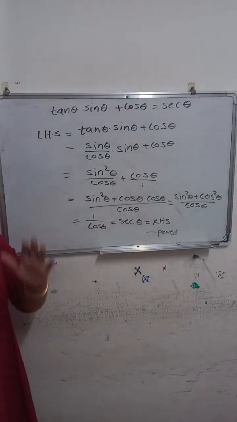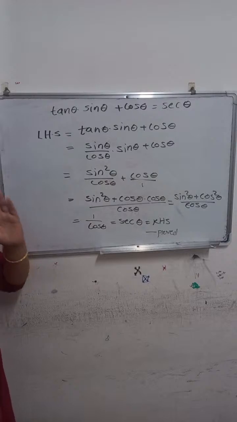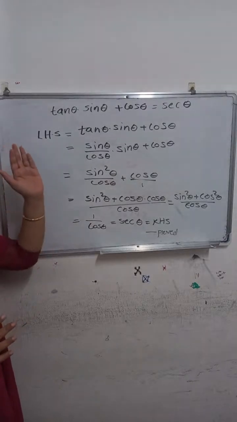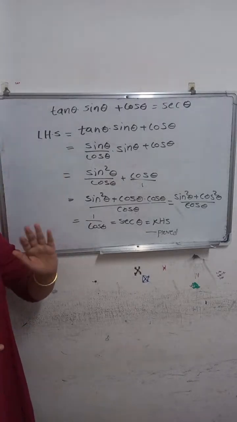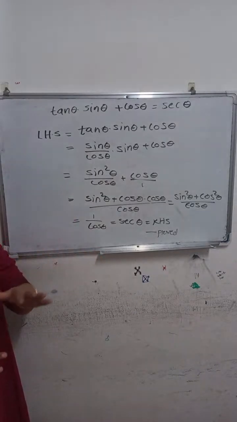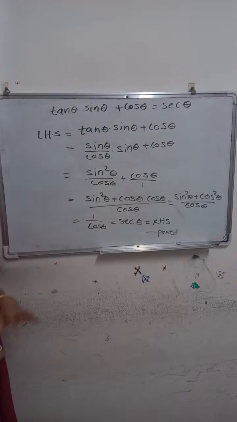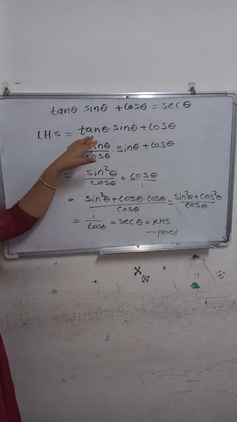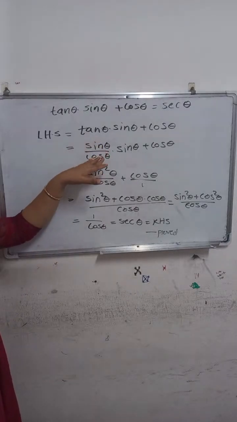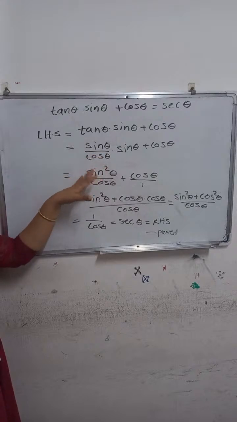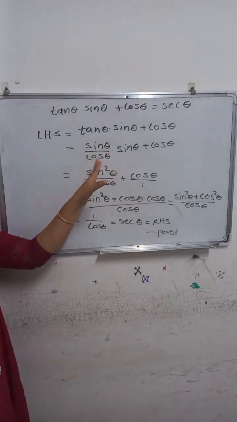If you keep your mind stable and think properly, if you know the identity and how to apply it, then you can solve this kind of question very easily. Understood everyone what I did here? I converted tan into sin and cos, and then sin theta into sin theta is sin square.